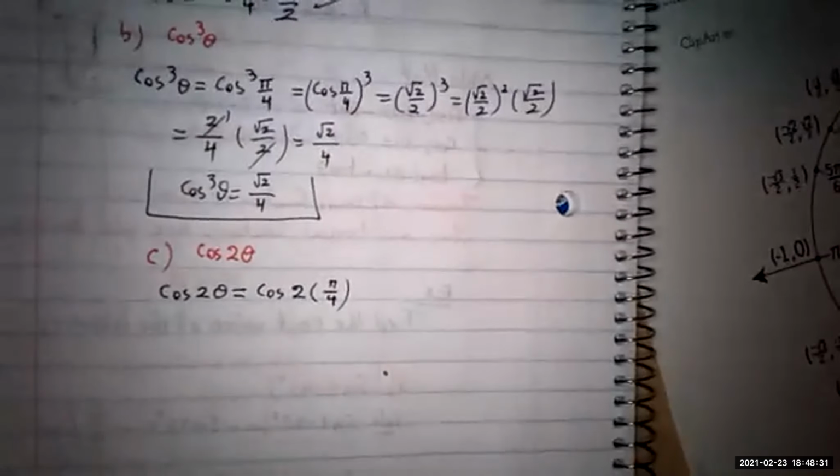Cosine squared of 5 theta, just substitute: cosine squared of 5 times pi/4. That gives 5 pi/4. You cannot simplify it, so it's cosine squared of 5 pi/4.